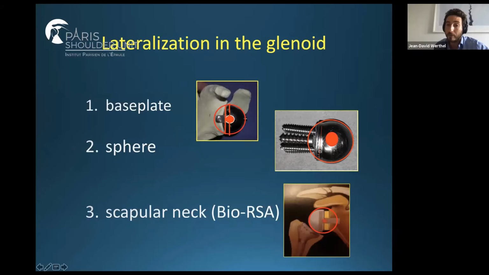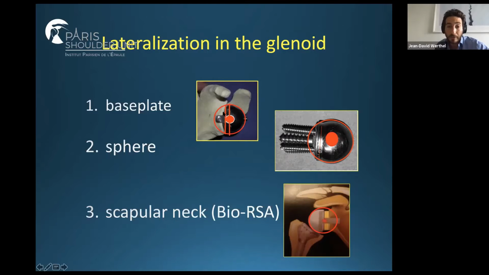So instead of being around the base plate, it is above the base plate, and the thickness of the base plate lateralizes the glenoid part a little bit. You can also modify the shape of the sphere. Here it's half of a sphere, here it's half of a sphere, and here it's 2/3 of a sphere. So by modifying the shape of the sphere, you also modify the lateral offset, because you lateralize the glenoid part a little bit.